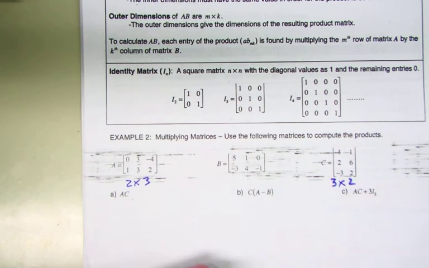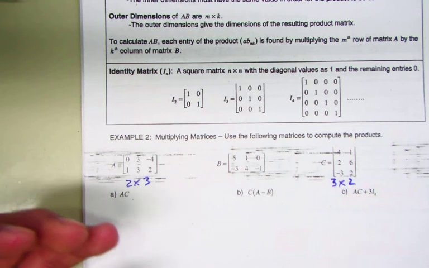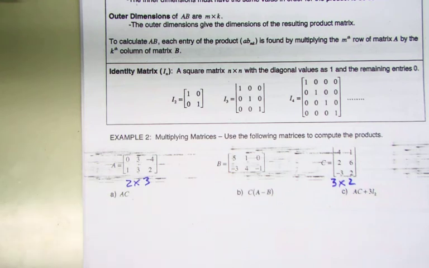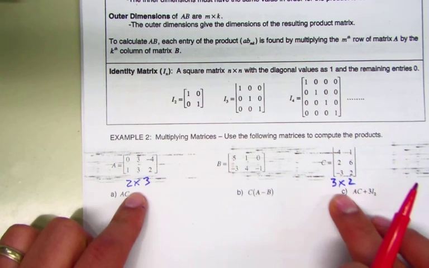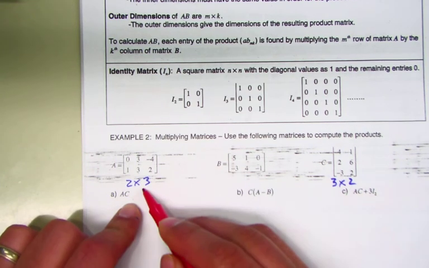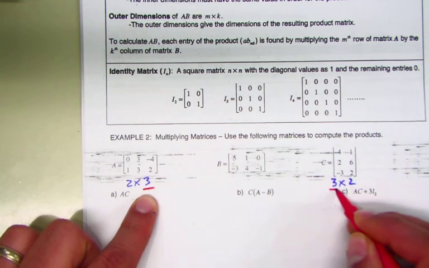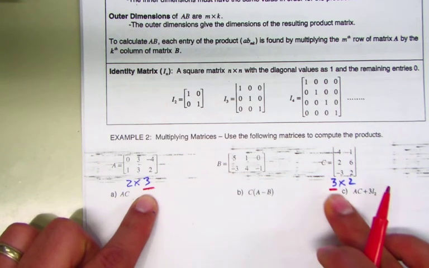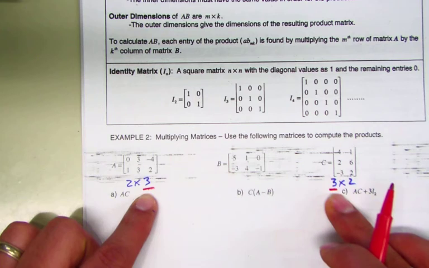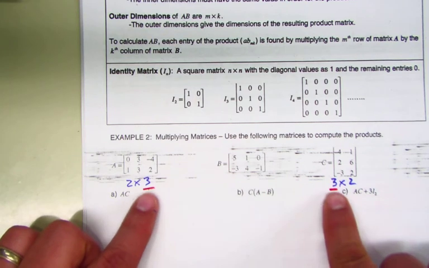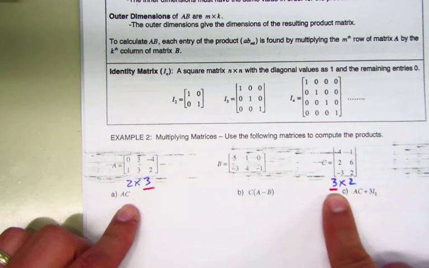First things first, in order to actually multiply these matrices, it's not the same rules as addition or subtraction. You can multiply matrices with different dimensions as long as this number of columns and this number of rows are identical. You can do it. Okay? So as long as these inner numbers are the same, you can do it. It could be a 2 by 5 and a 5 by 2. Doesn't matter.